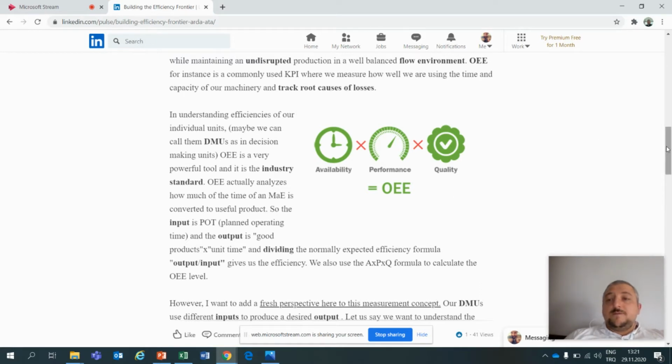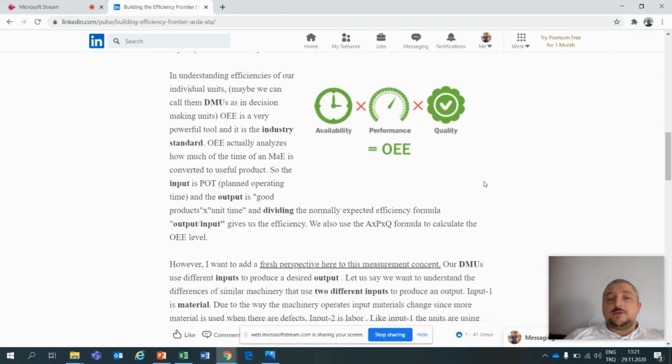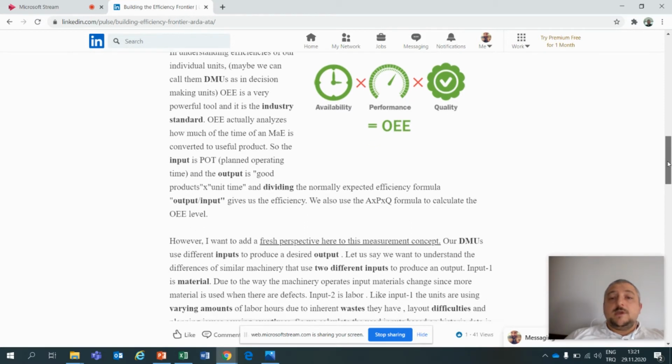OEE is an efficiency figure, and it simply focuses on how well we are converting the planned operating time to good products as an output. Simply, output over input gives us how well we are doing this job in using our available time. So OEE is an absolute efficiency figure. It simply focuses on wastes inherent to the process and tracks them.